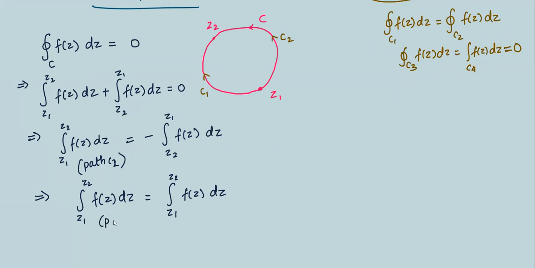So I can write the integral over path C1 of f of z dz is equal to the integral over path C2 of f of z dz.